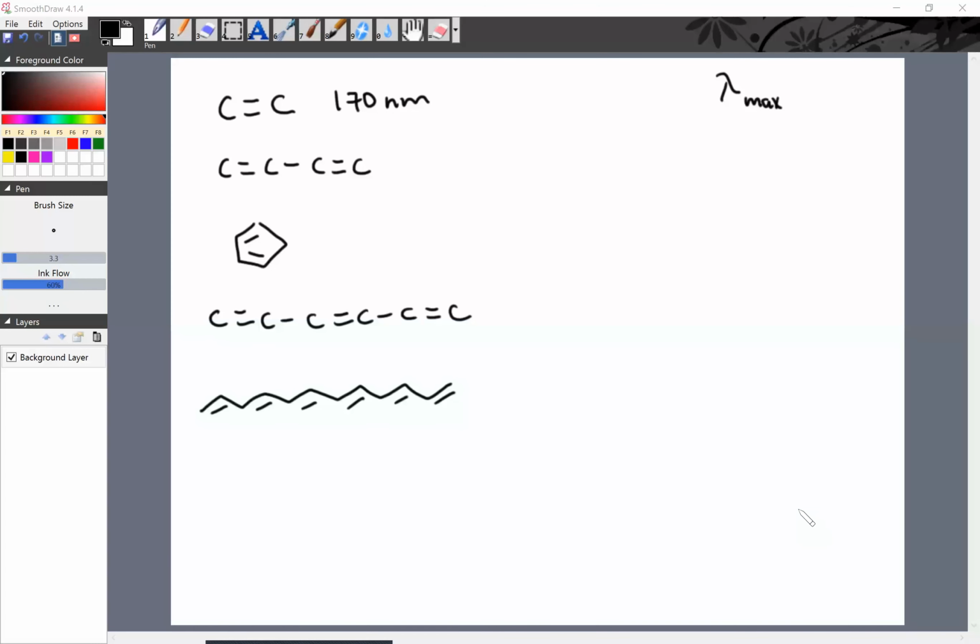I couldn't find it. All right, so those numbers are 317. This one is 256. 3 in a row is around 260. And this giganto thing is like 364 nanometers. So it's a significant difference that is going into the visible region.